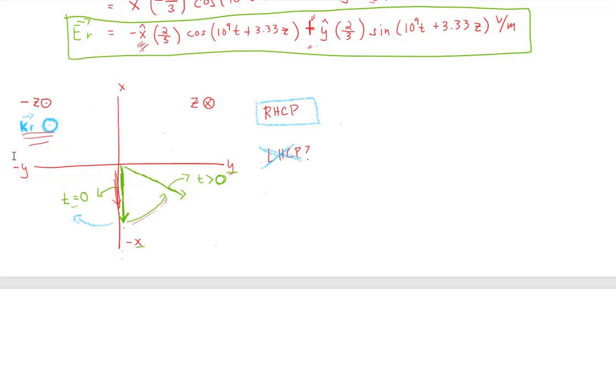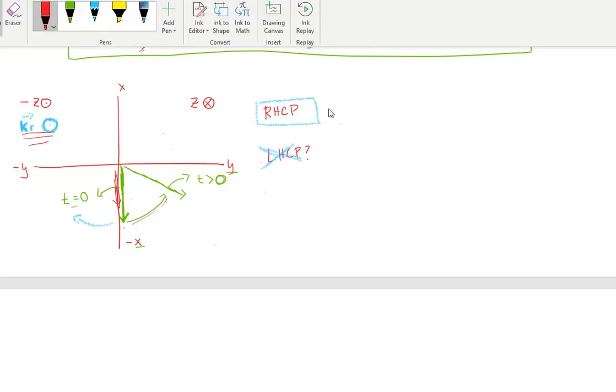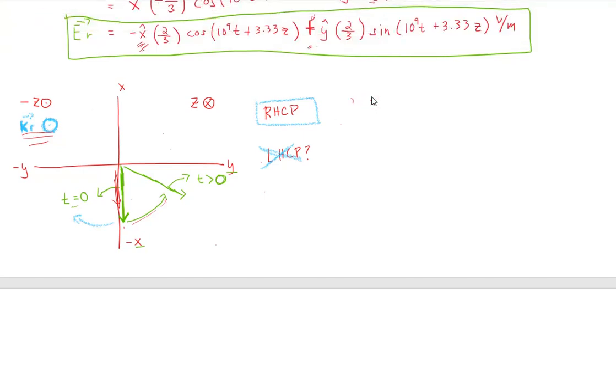So from that, what can we conclude? So we can say that E's of R, or reflected, is right hand circular polarized state.